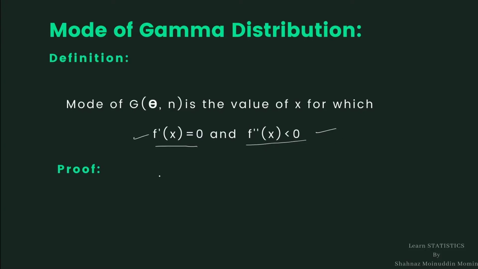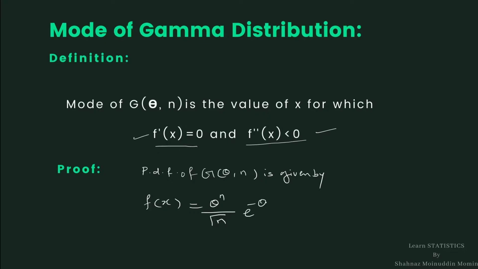So, consider by definition of gamma distribution, the PDF of gamma distribution with parameters theta and n is given by f(x) equal to theta raised to n divided by gamma n, e raised to minus theta x, x raised to n minus 1, for x greater than or equal to 0 and theta positive, and 0 otherwise.